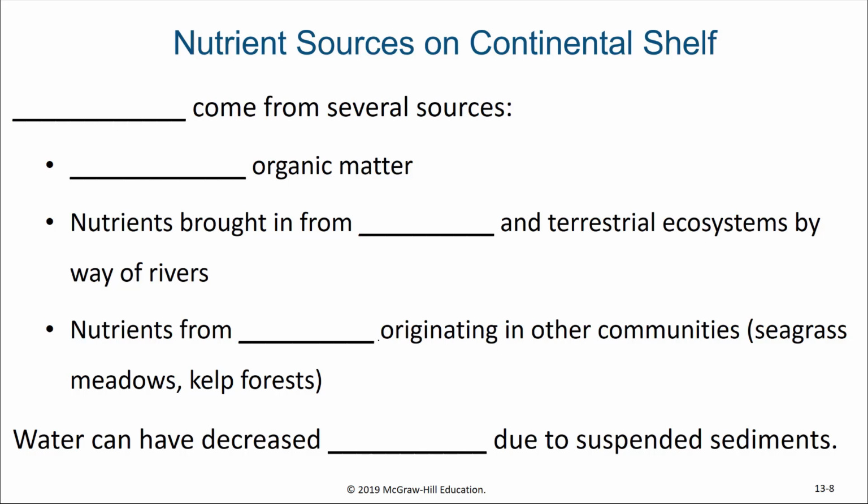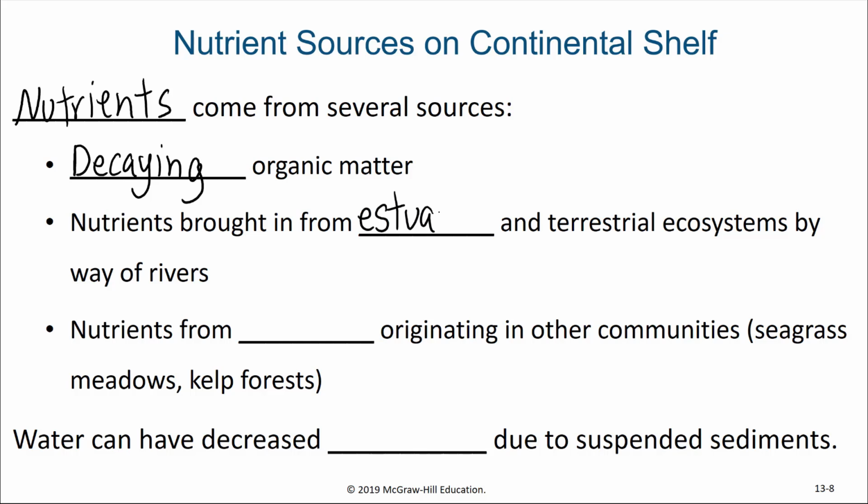There are several sources for nutrients on the continental shelf. These include decaying organic matter, nutrients brought in from estuaries and terrestrial sources by way of rivers, and nutrients from detritus originating in other communities, such as seagrass meadows and kelp forests.